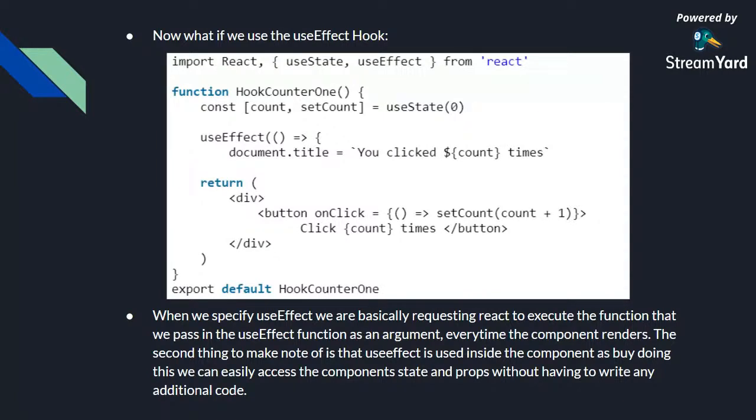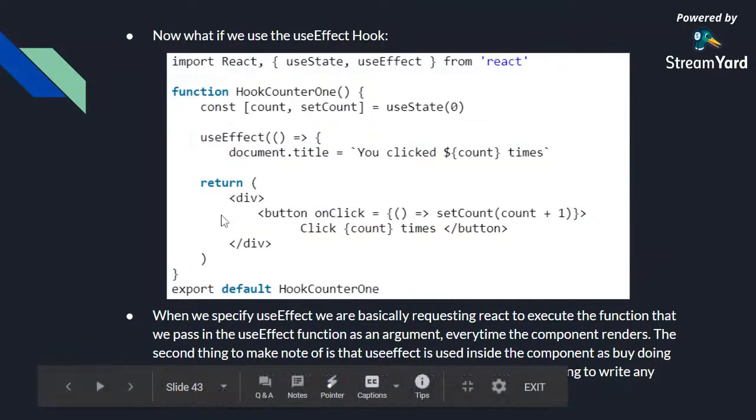So this is the new component with the use effect hook. What are we doing here? This is a functional component. We are declaring a count state with the use state hook and a set count method to update it. And we are using the use effect hook. Inside that, we are returning the entire UI that we want to show on the page.